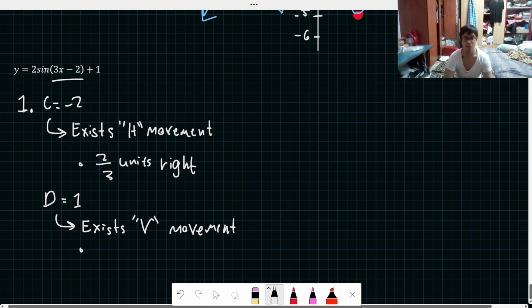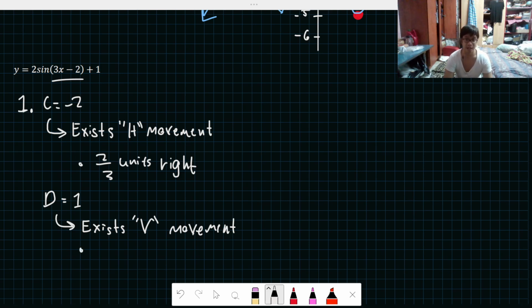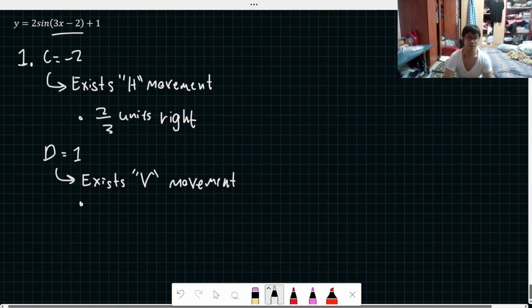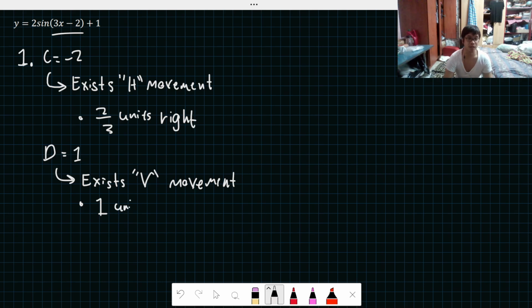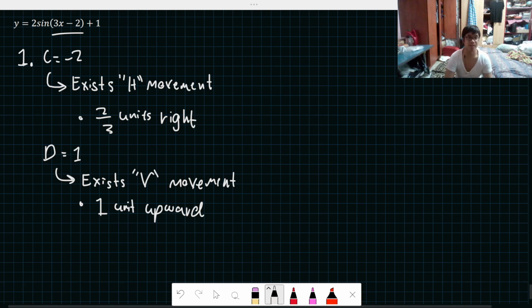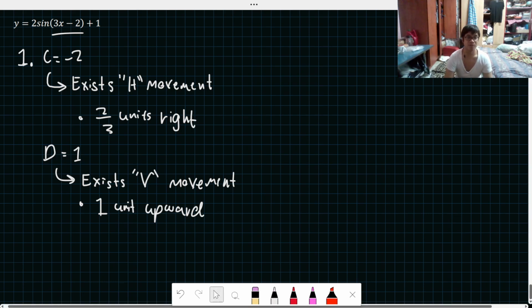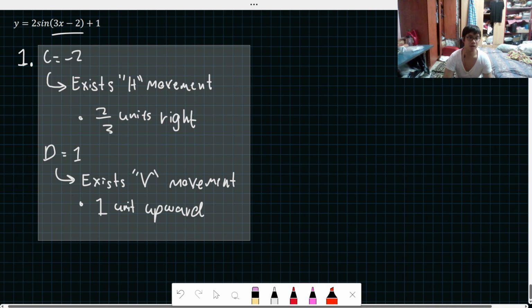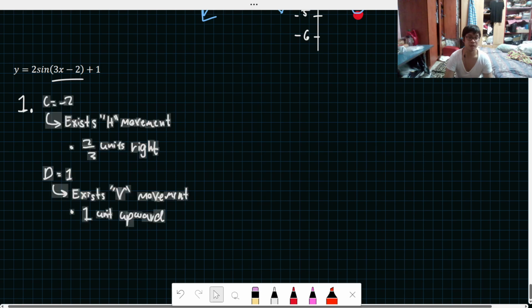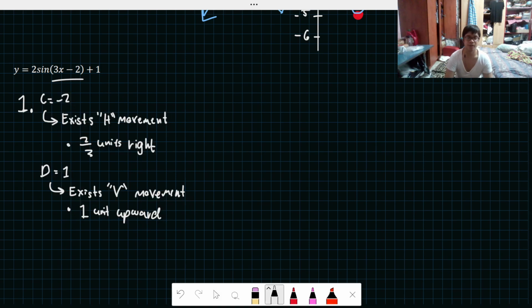Not only do we want to know the magnitude, but the direction as well. You know what I mean? So in here, we have 1, and it's positive. So therefore, the graph will move 1 unit upward. Okay, so that's it. We found the C and D and how we interpret it.